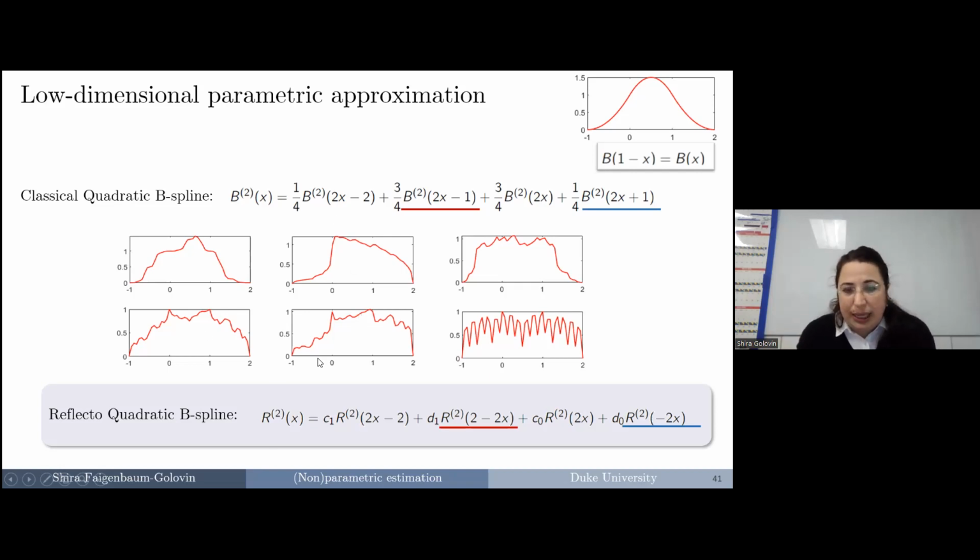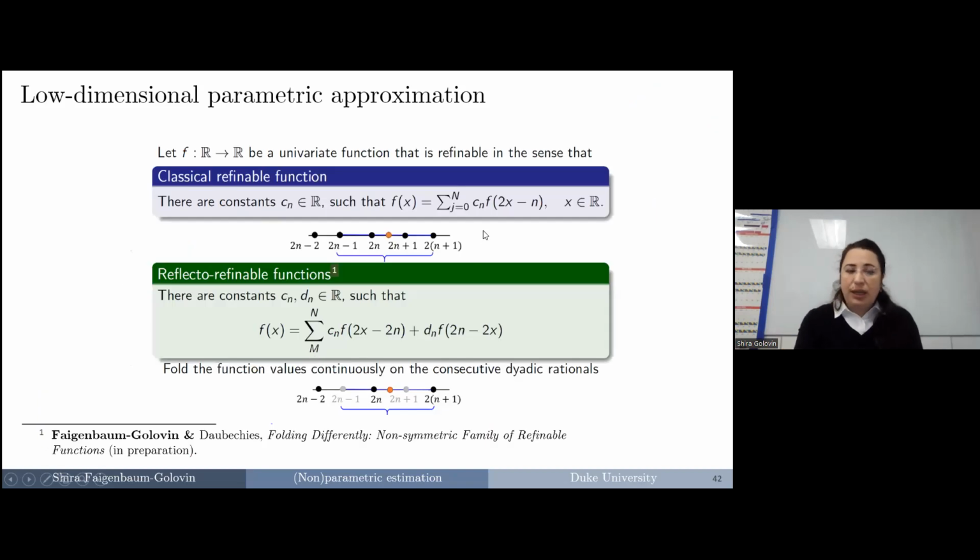Okay, so let us define this equation in the general case. Instead of using endpoints from the support of this function f of 2x minus n with this refinable mask, let us just split the cases into two.